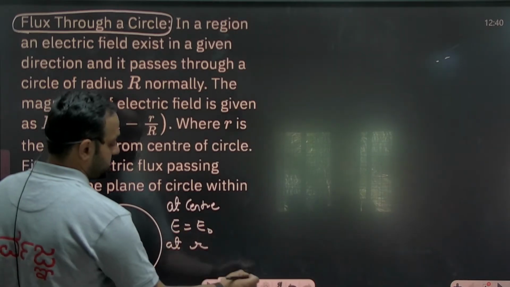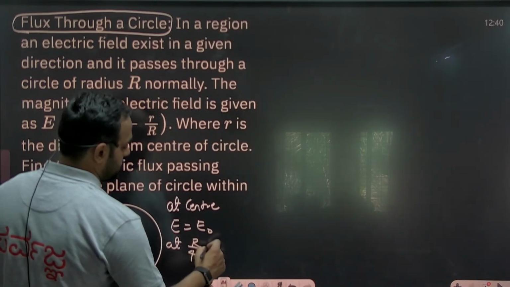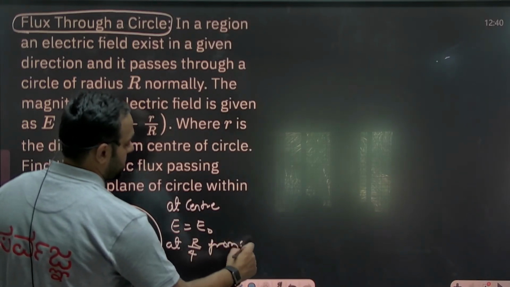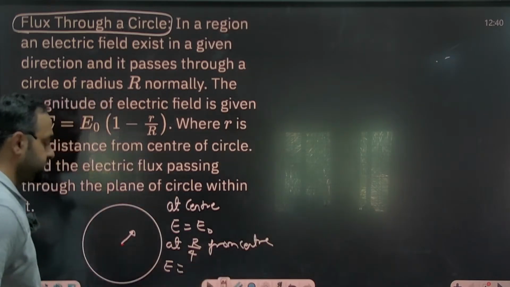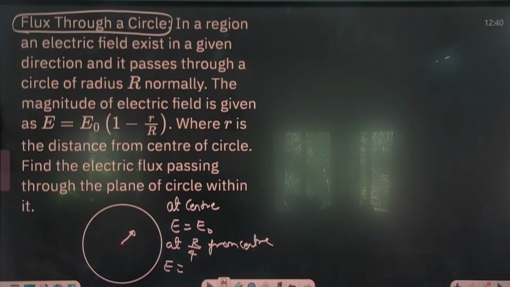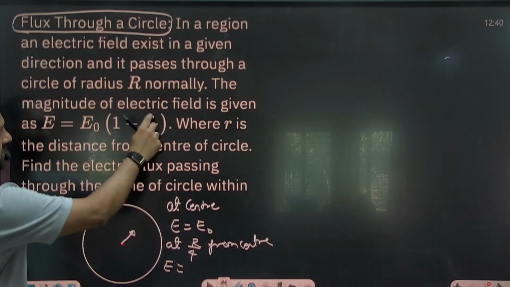At r equal to R by 4, what is the electric field? You simply put small r equal to capital R divided by 4.